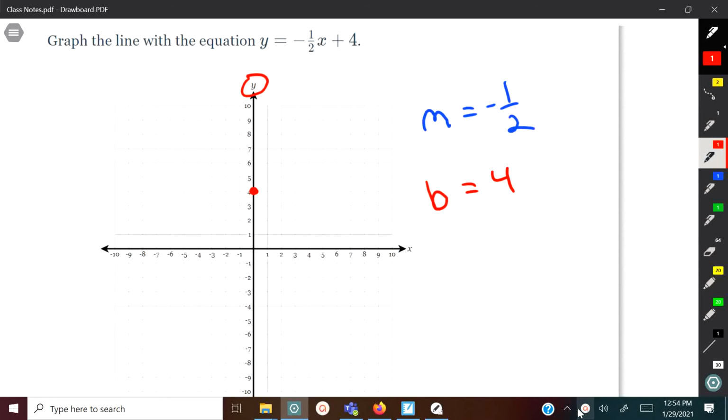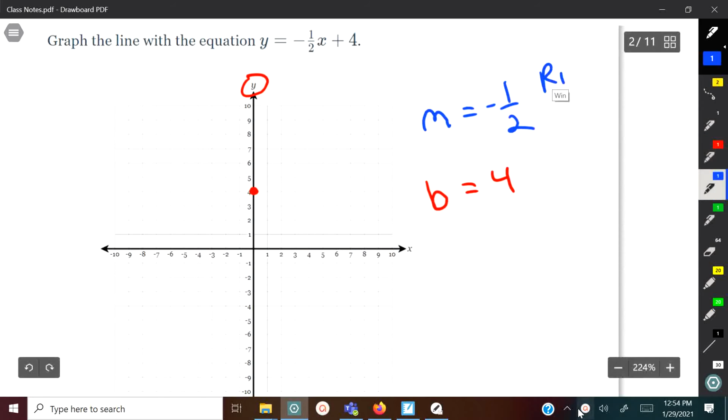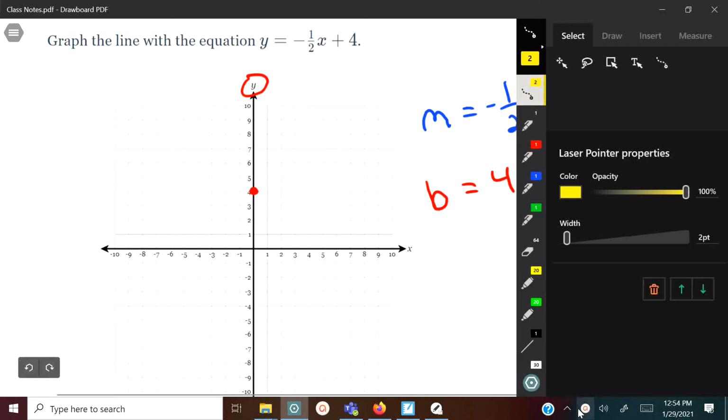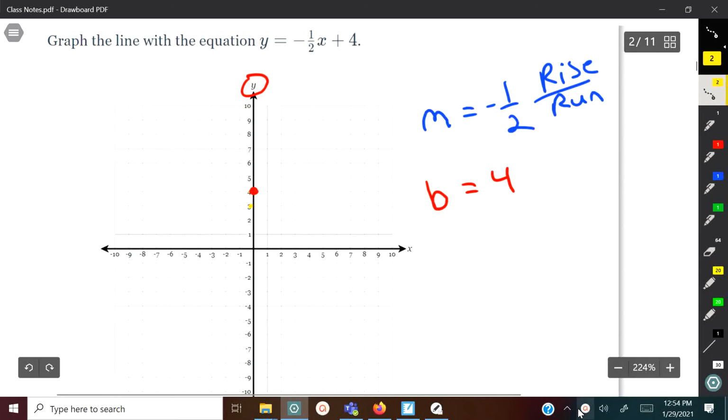Alright, now we're going to do rise over run. Now the -1 means instead of going up, we go down. So we'll go down 1 and then run 2, and we'll put our next point here.